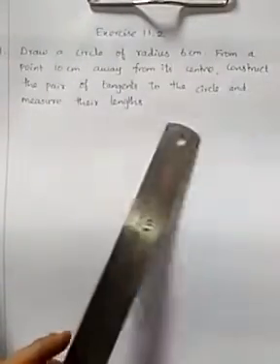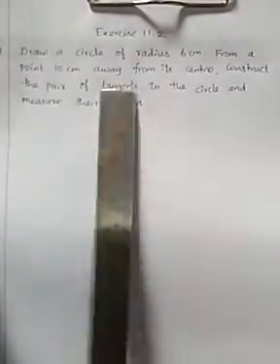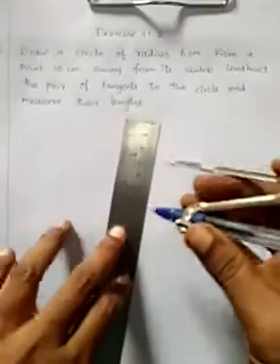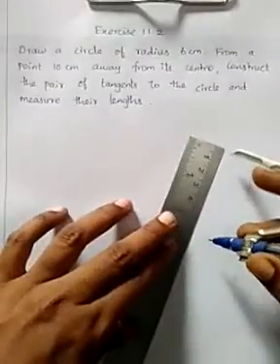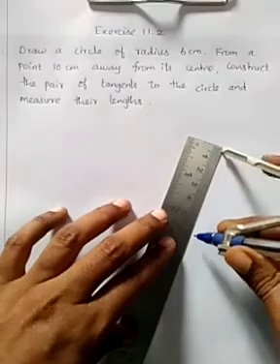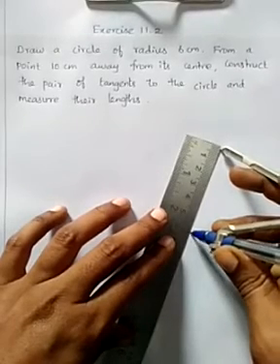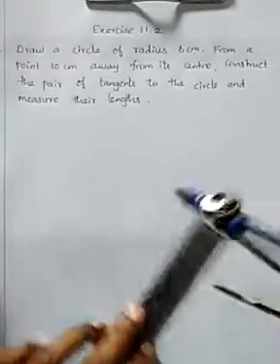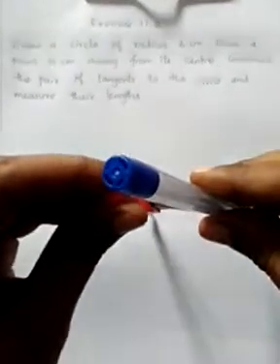First, draw a circle of radius 6 cm. You know how to draw a circle using a radius. First, take a scale and compass, and measure 6 cm. Okay, 0 to 6 cm. Now consider this as your center.